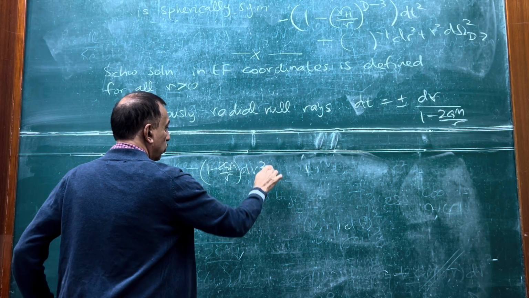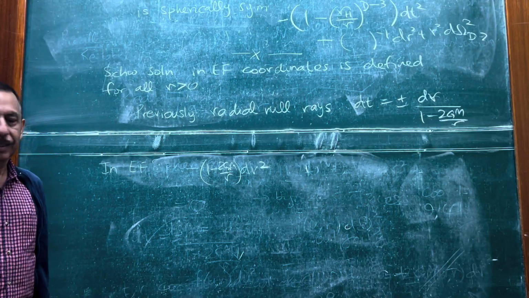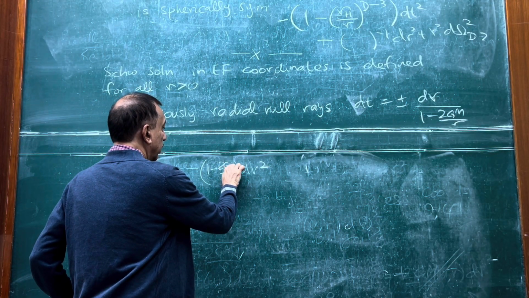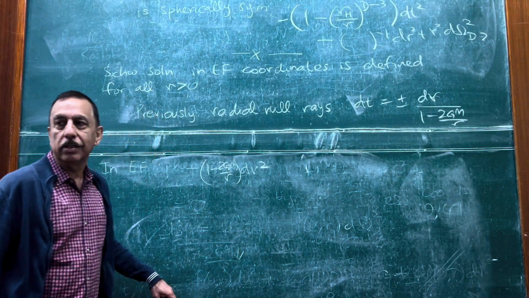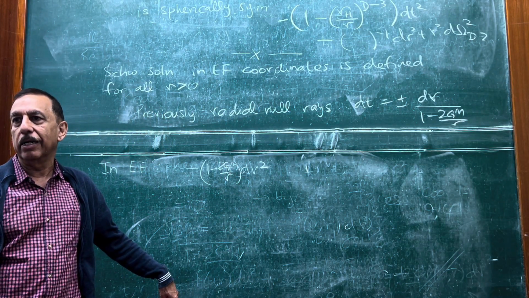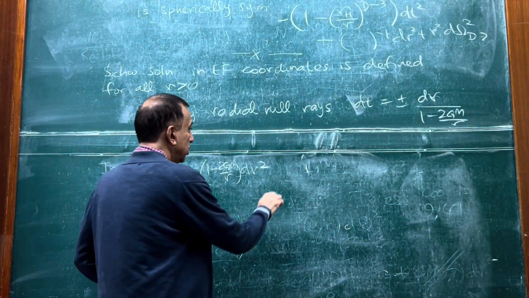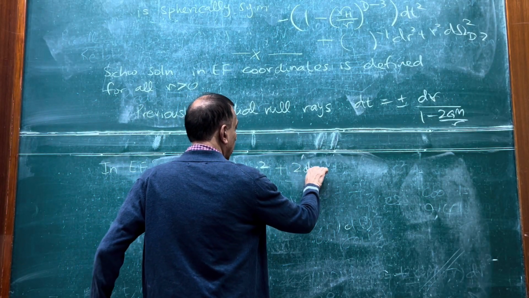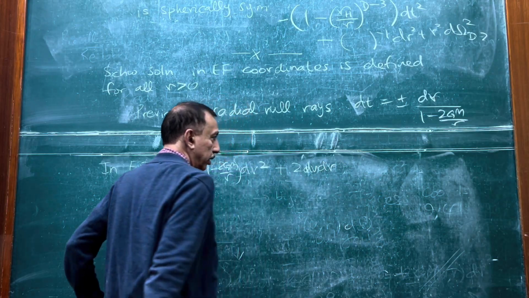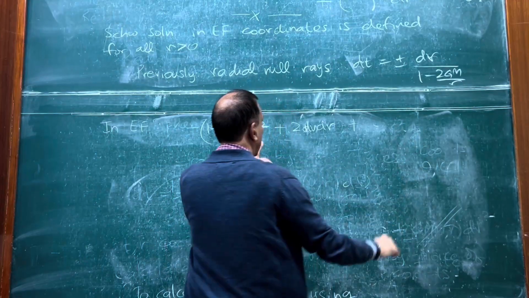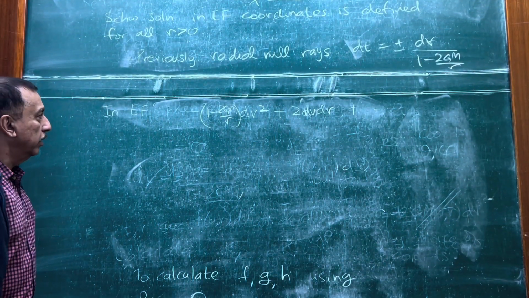Now we are going to work with v, which is our preferred Eddington-Finkelstein coordinate, because most of the time we are concerned with ingoing rays. It's the ingoing rays that we want to show never come out. So this plus 2 dv dr is the metric, ignoring the angle dependence. And it's this quantity which we have to set to 0 to find null rays.